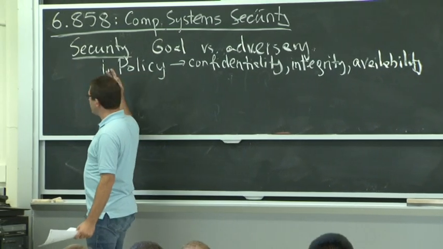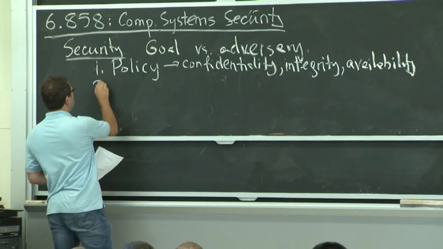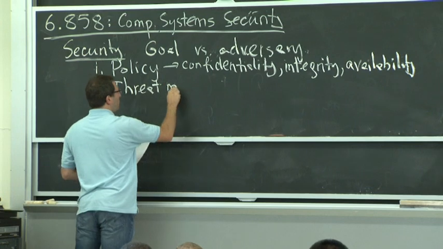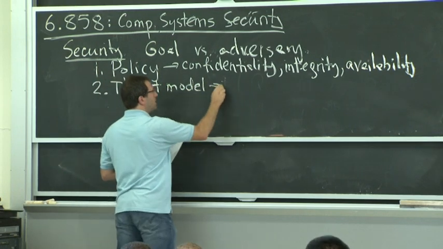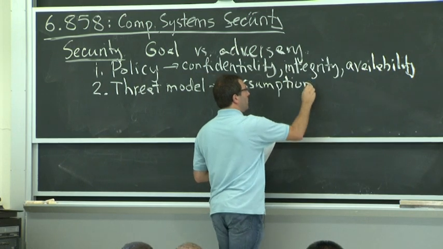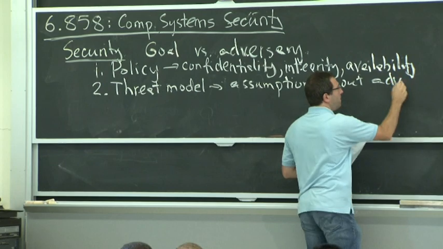But because of security, there's a bad guy involved. We need to understand what we think the bad guy is going to do. And this is typically what we call a threat model. This is basically just a set of assumptions about our adversary.